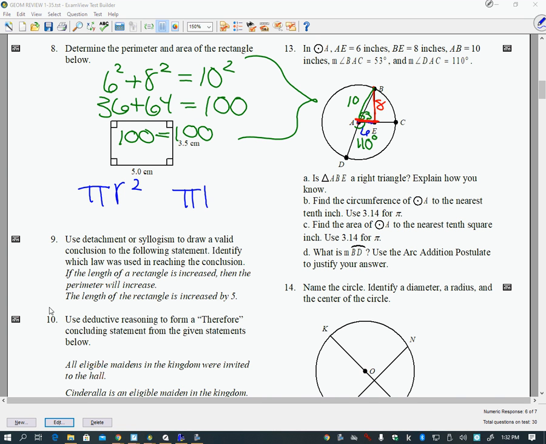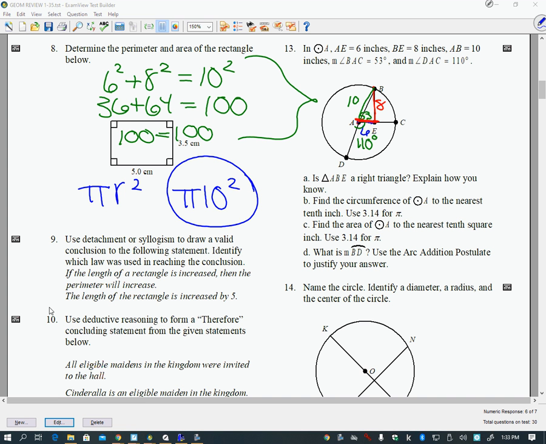All right, so pi, Jewel, what was the radius again? 10. So pi 10 squared. Okay, we're using 3.14 for pi. Can you tell me what the area comes out to? Pi times, not just pi times 10, but pi times 10 squared, pi r squared.